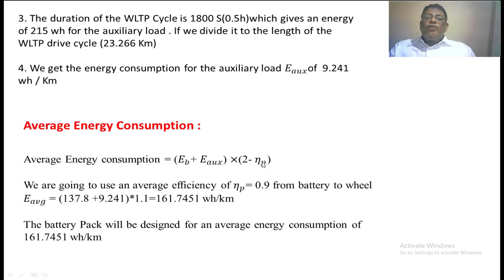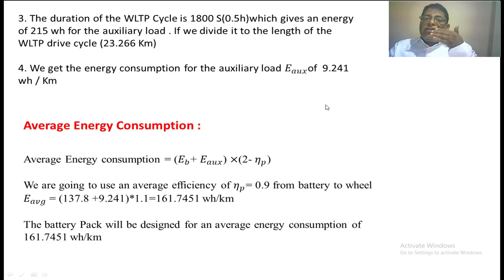So how are we going to find out that value? EB is nothing but the total energy which is available at the wheel. When the vehicle is going, some amount of energy will also be wasted for the ACs, audio system and auxiliary components. That energy also we have to measure. In this case we have got the auxiliary energy, that is 9.241.